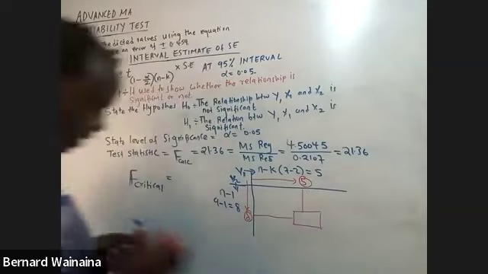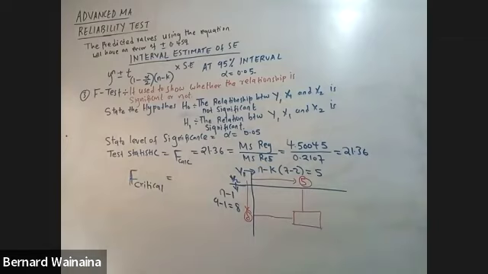That is the figure of the F critical. So unapata ngapi?